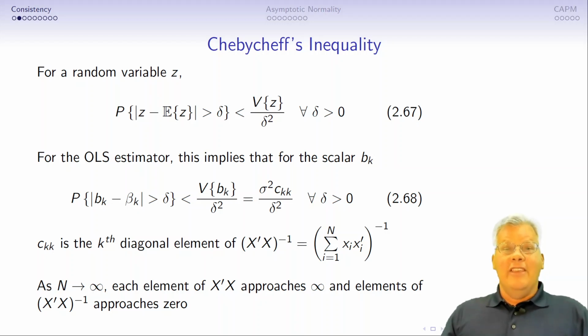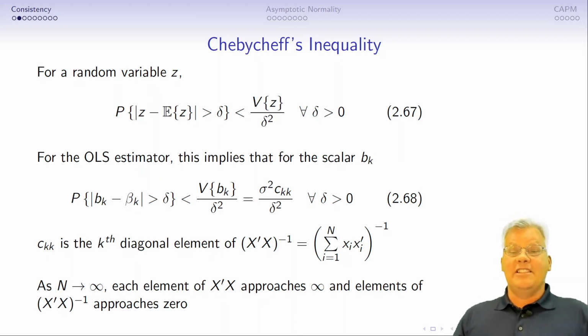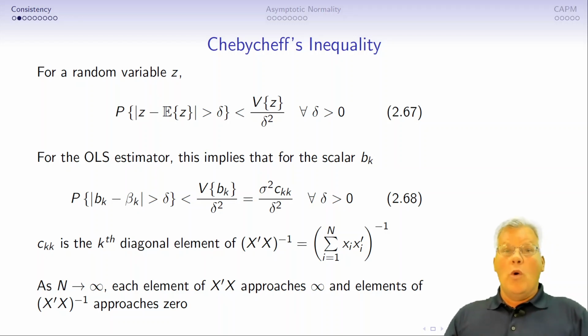We can apply this to our OLS estimator b, which, you recall, is a vector of the OLS estimates. So we apply Chebyshev's inequality to any one of the OLS estimates, and we'll just denote that as b sub lowercase k.